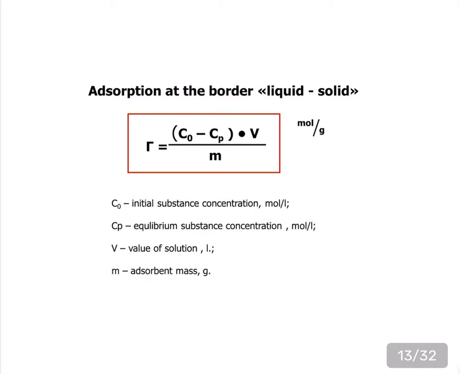Adsorption at the borderline between liquid and solid means change in the amount of dissolved substance on the surface of solid material that is expressed in grams, per 1 unit of solid material.